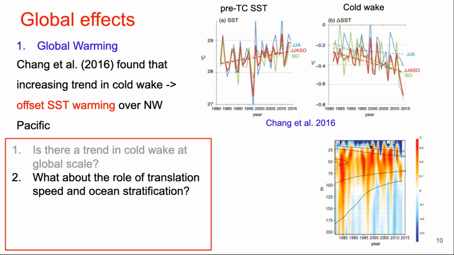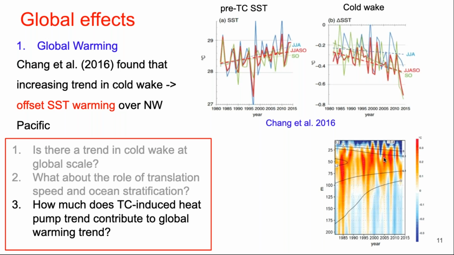After the cold wake is formed, maybe it takes a month for the mixed layer temperature to be restored to its climatological condition. However, the heat that was pumped down will remain there. So maybe it will have some role or contribution to the global warming trend.